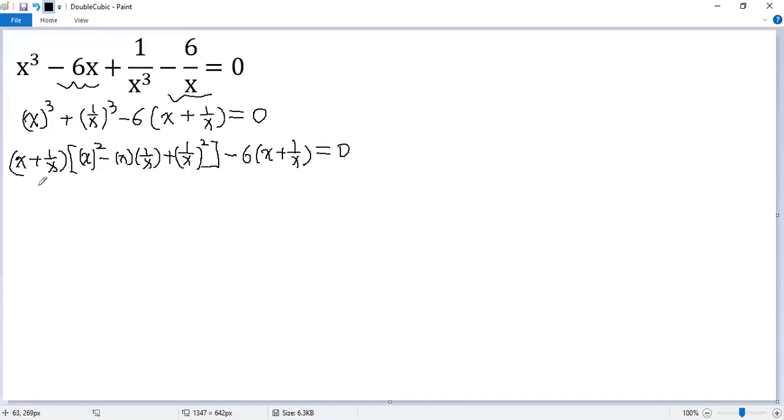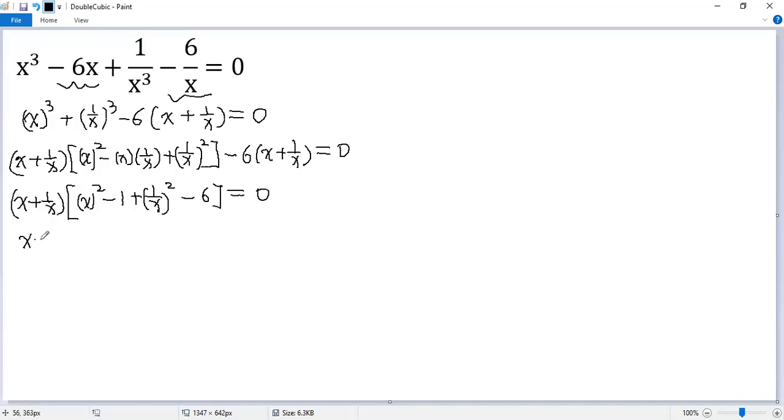Now we take the common factor out, so we get x plus 1 over x. Then the first term is x squared, minus x times 1 over x, so minus 1, plus 1 over x squared. And for the second term, we have only -6 equals 0.